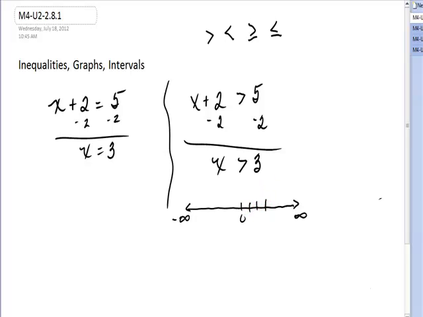Greater than 3 is this way. To show that it can't be 3, but it is greater than 3, we use the symbol parentheses. Parentheses means strictly greater than 3. So not 3 itself. 3 is not greater than 3. So here's the inequality. Here's what the number line graph looks like.